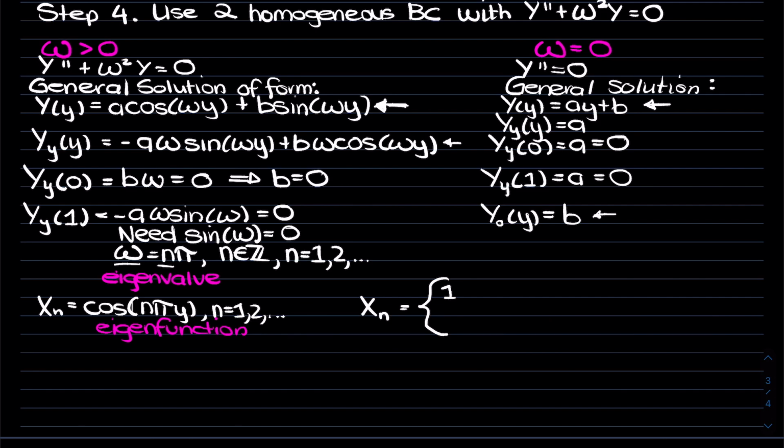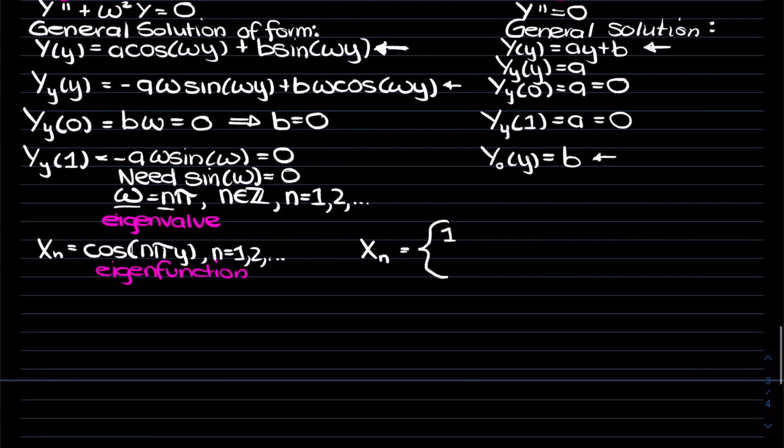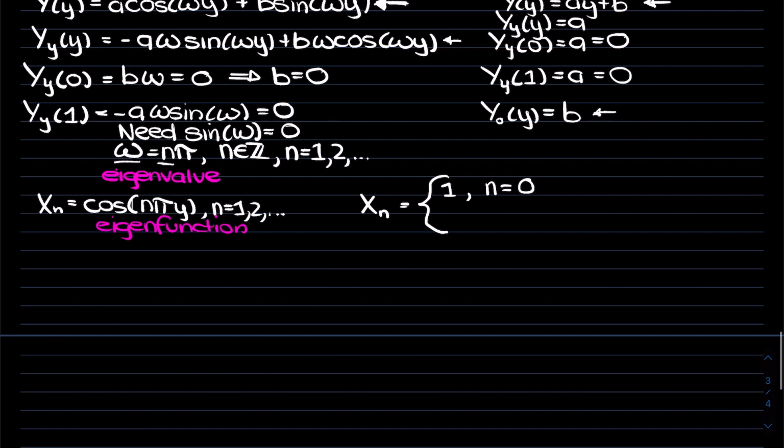You could easily call it b as well, for some constant b. So this is the case when n equals 0, and this is cosine n pi y for n equals 1, 2, and so on. Now you might say, wait, if you plug in n equals 0 into cosine, you're going to get a 1 anyway, so why don't you just write them together?